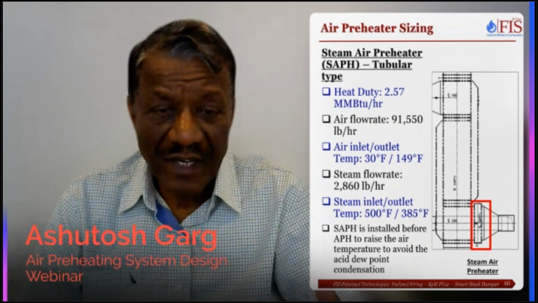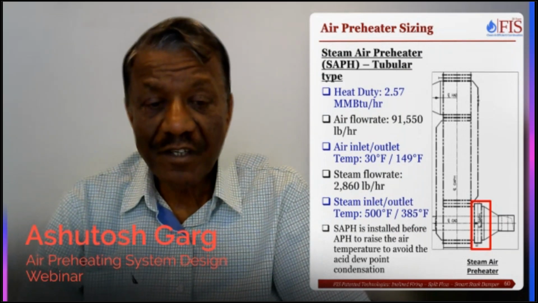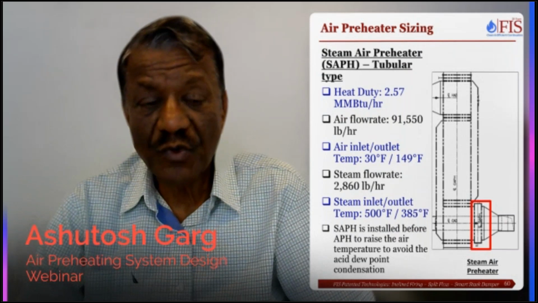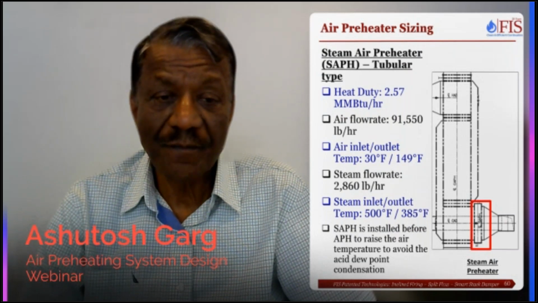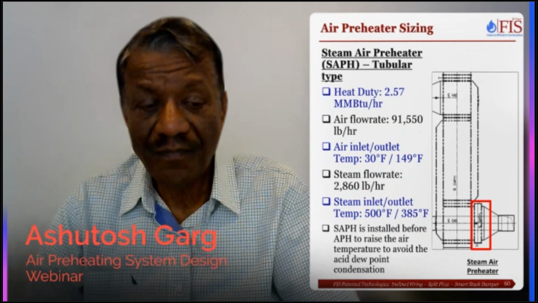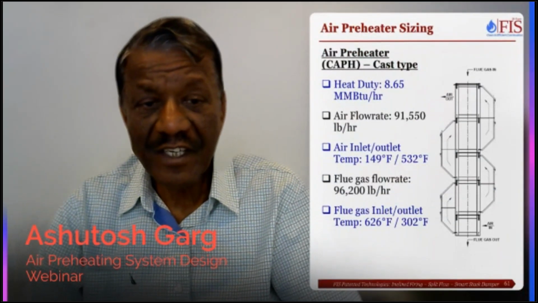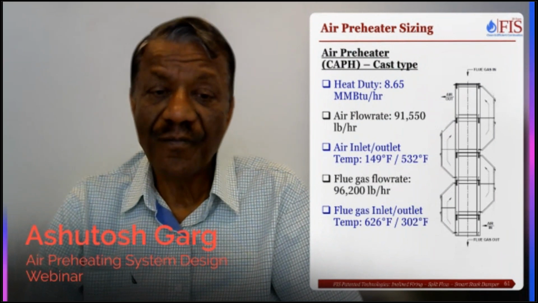If you want, we can add steam air preheater to avoid corrosion, to raise the dew point metal temperature. So that can be done. This is a cast iron air preheater they have used.